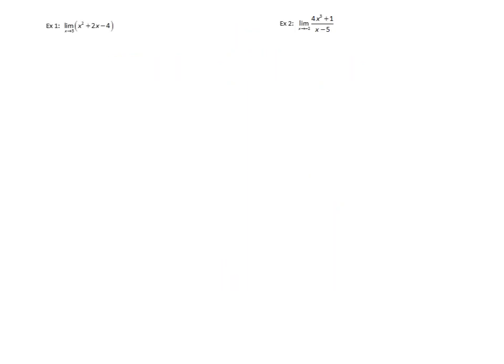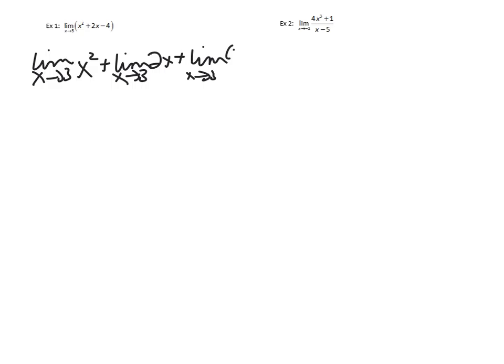So if we look at example 1, if we do that with our definition of limits, hold on, let me change my pen. Okay, so splitting it up would be the limit as x approaches 3 of x squared plus the limit as x approaches 3 of 2x plus the limit as x approaches 3 of, think of it as negative 4.